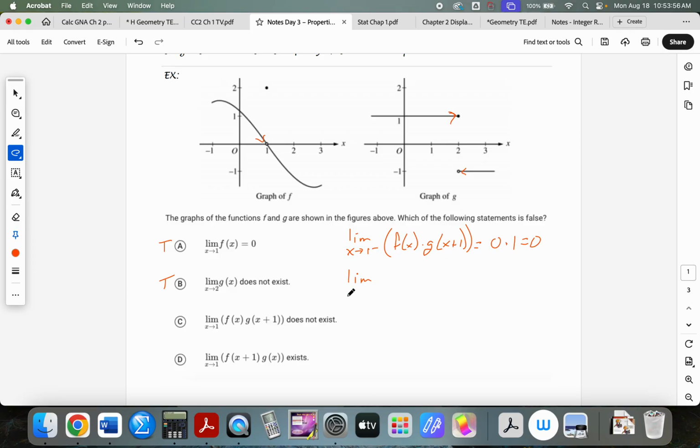And then the limit as x approaches 1 from the right of f of x times g of x plus 1. As x approaches 1 from either side, f of x approaches 0.